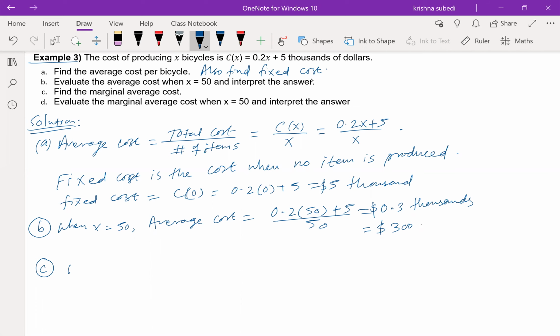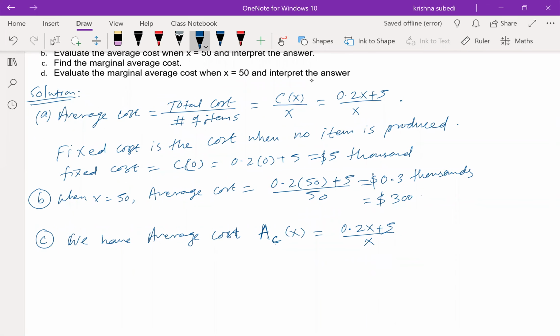I'll write it as A sub C of x, because A represents the average cost function of x. So average cost A sub C of x equals 0.2x plus 5 over x. Now, marginal average cost.